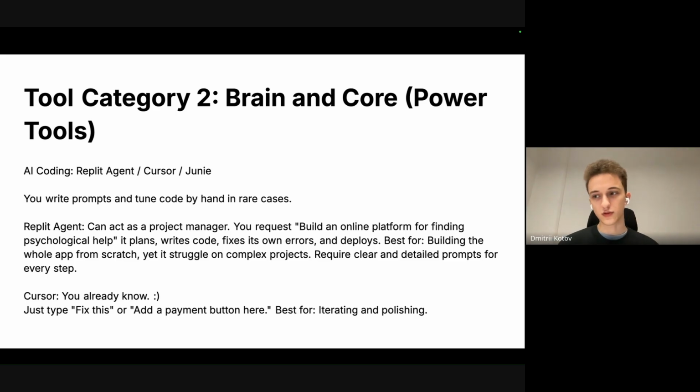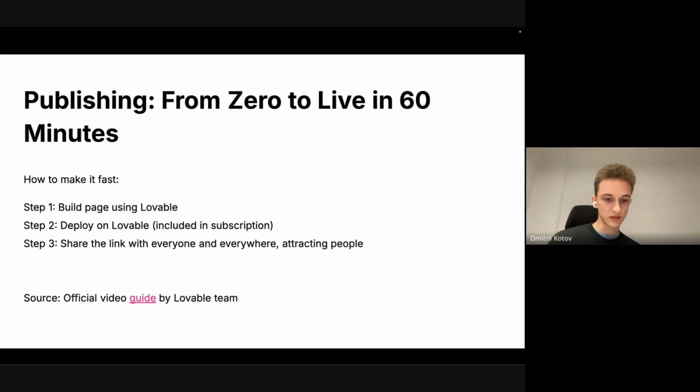Cursor is a good thing for building something from a good prompt. Replit is also a really cool thing for building complex solutions, but it will require a lot of effort, prompting, and still it would require some tweaking by hand. And I guess most of you are familiar with the coding tools with AI, so we can proceed to the real example.